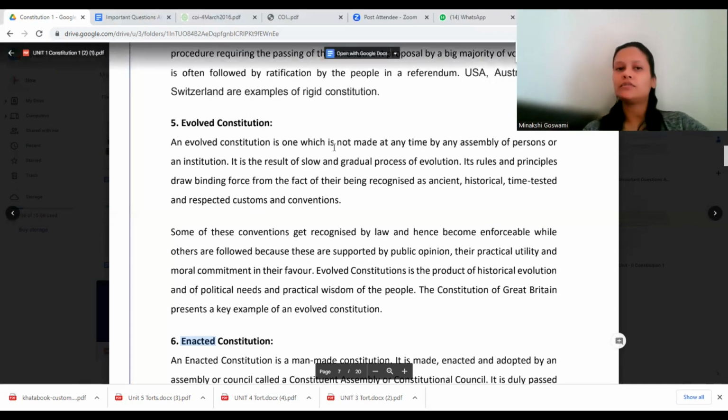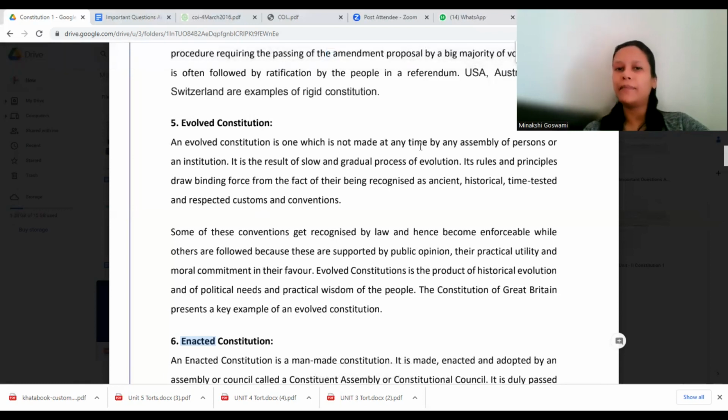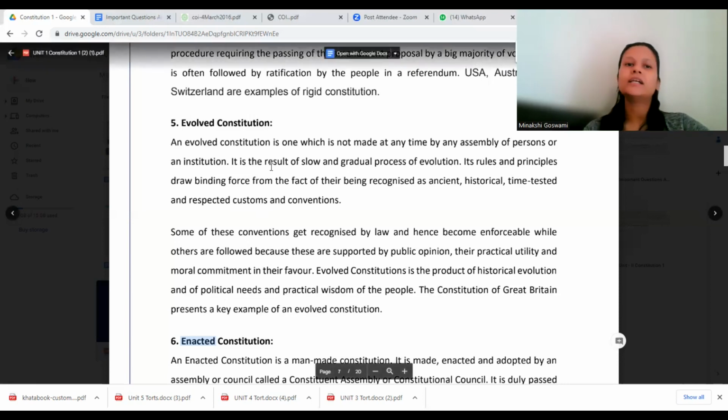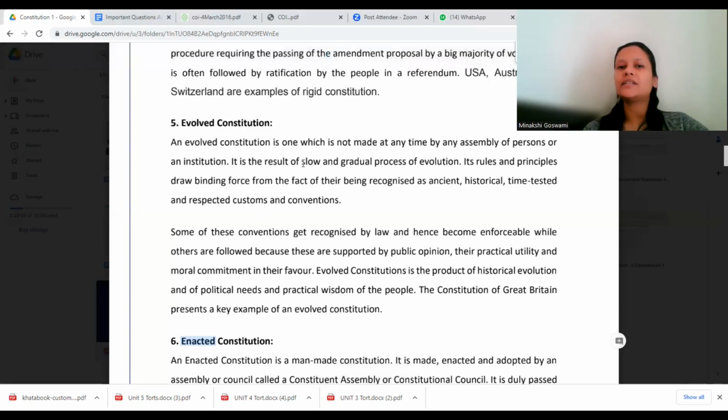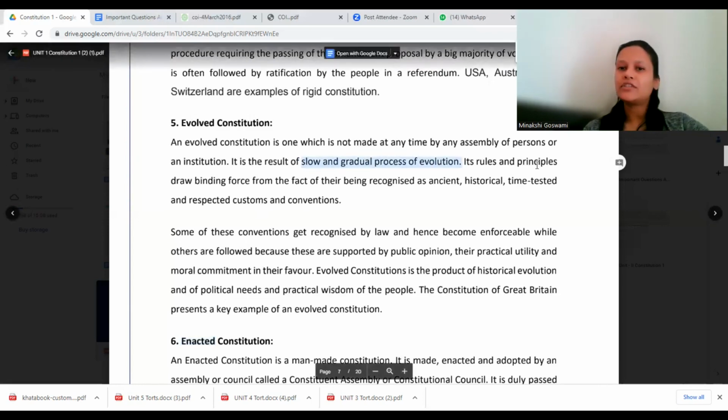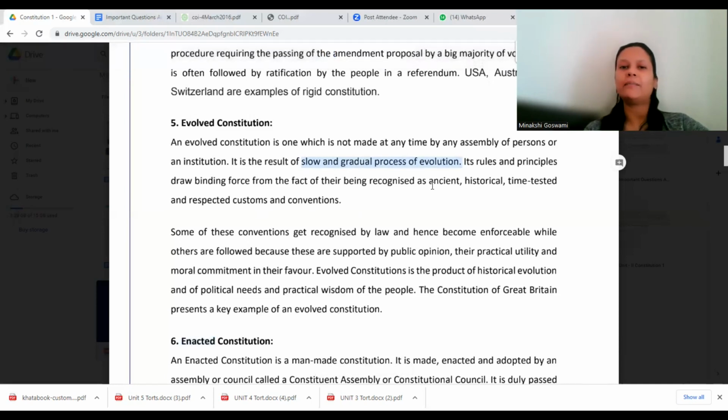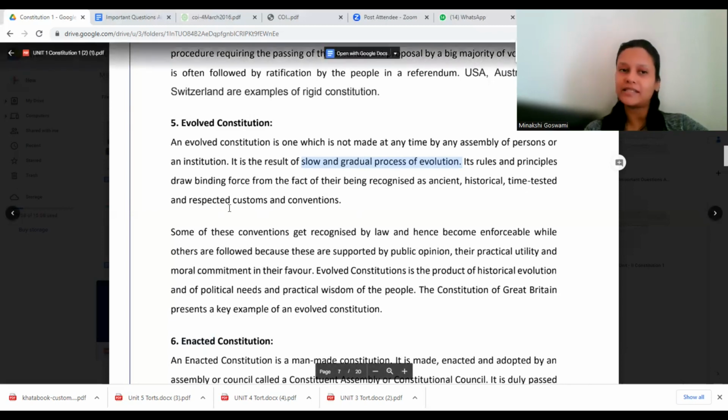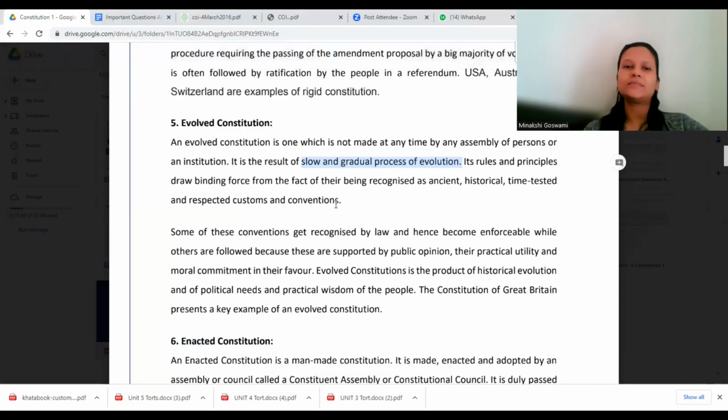So an evolved constitution is one which is not made at any particular point in time by establishing an assembly, council or something like that, but rather it is a result of a slow and gradual process of evolution. Its rules and principles draw binding force from the fact that they are recognized as ancient, historical, time-tested, and respected customs and conventions.